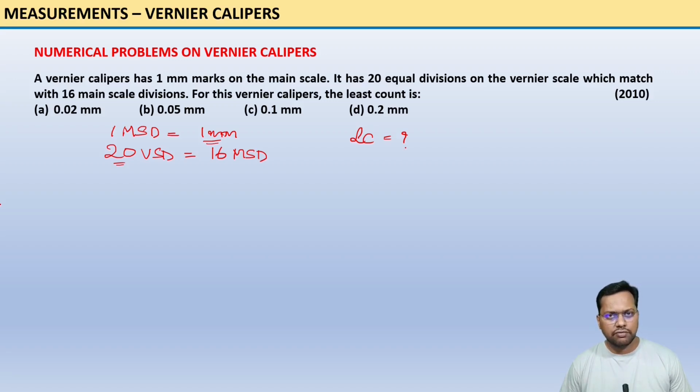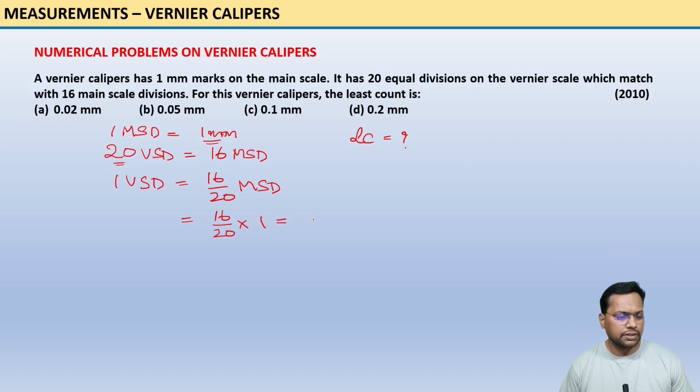So here we follow the standard formula, that is least count is equal to 1 MSD minus 1 VSD. For that, we need to find out the VSD value. So 1 VSD is equal to 16 by 20 MSD. MSD value is 1 mm.